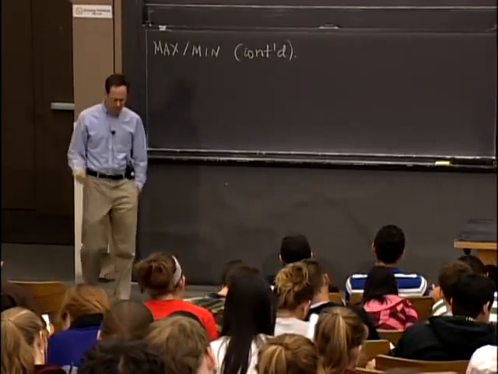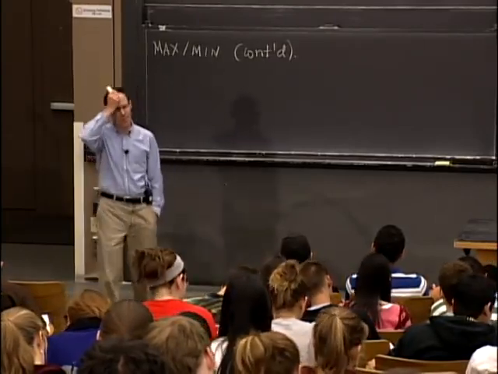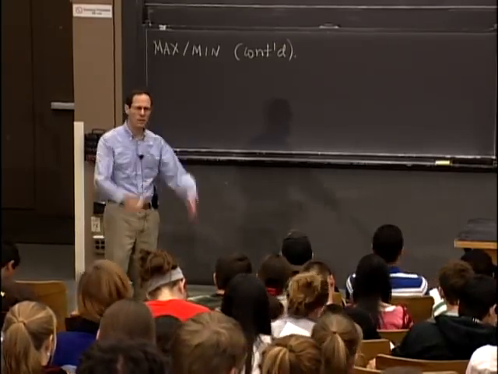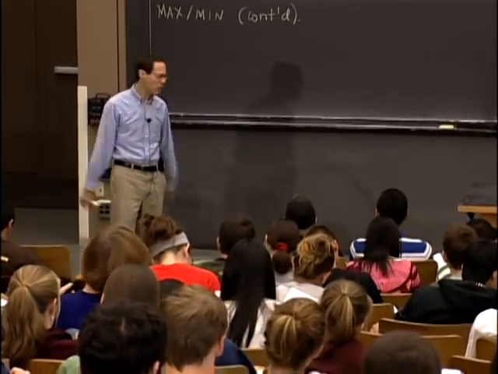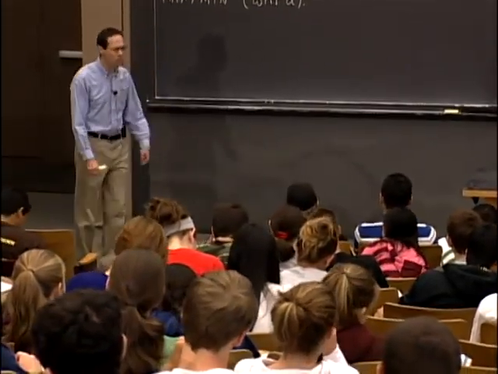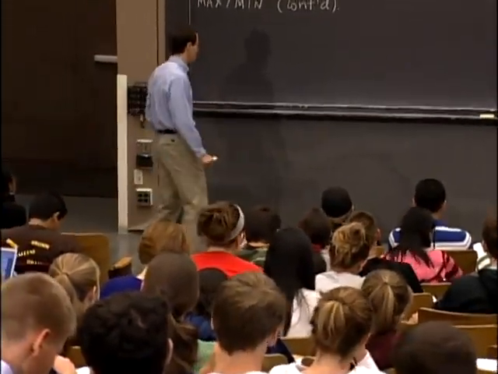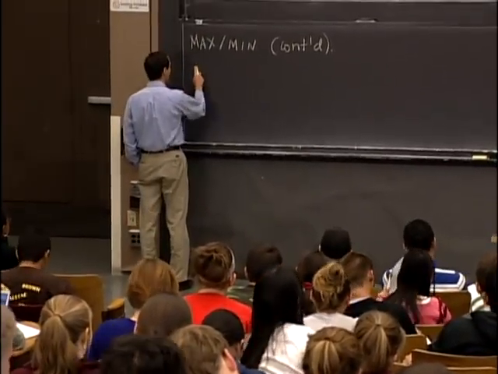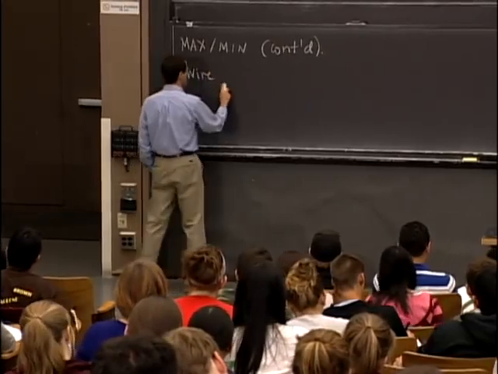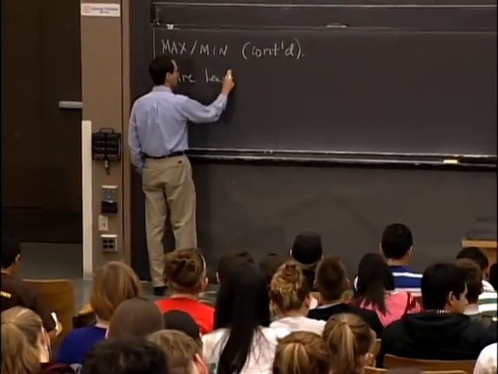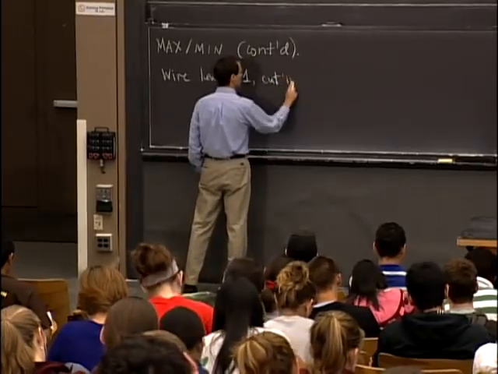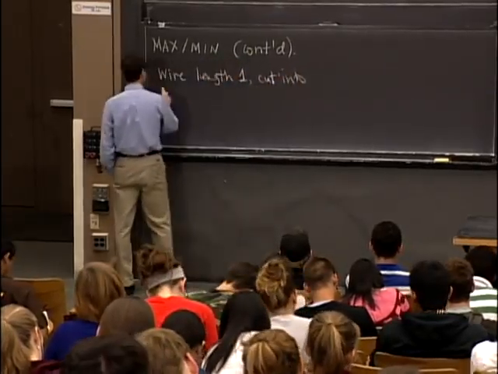So what's the thing about max-min problems? The main thing is that we're asking you to do a little bit more of the interpretation of word problems. So many of the problems are expressed in terms of words. And so in this case, we have a wire, which is length 1, cut into two pieces.